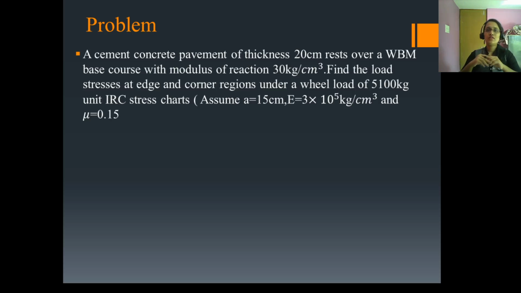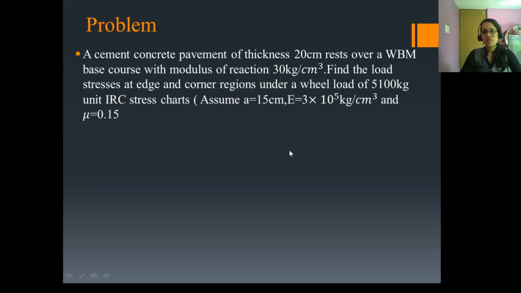A cement concrete pavement of thickness 20 centimeters resting over a WBM base course with modulus of subgrade reaction given to us as 30 kg per centimeter cube. We need to find the load stress at edge and corner regions under a wheel load of 5100 kg using IRC stress charts.